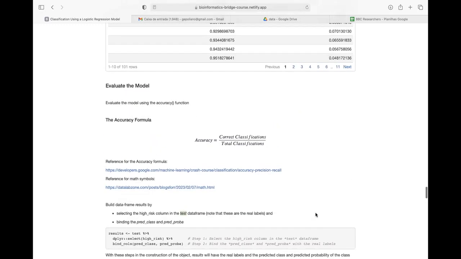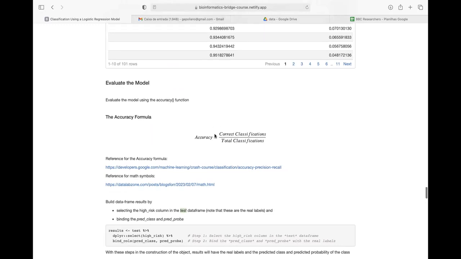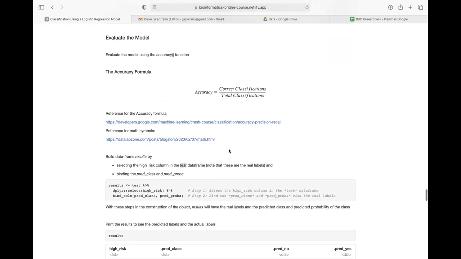I'm just trying to remind myself of what the accuracy formula is. Yeah, correct classifications versus the total number of classifications. I would have to break down the correct classifications, because the correct classifications account for the high risk predictions and the low risk predictions, right?